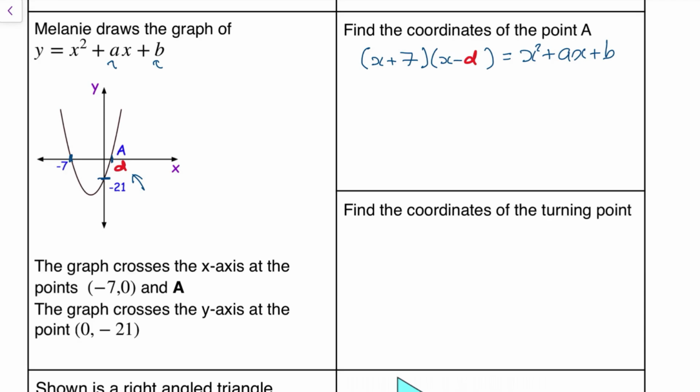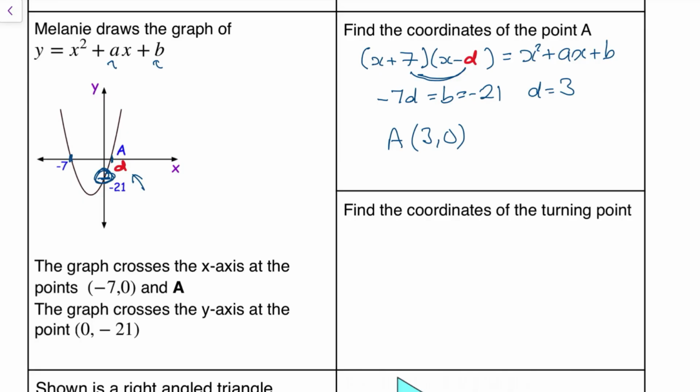Now imagine expanding this. If I expand just the numbers, that gives me minus 7D is equal to B. And I know B is the constant term, which is minus 21. So minus 7D equals minus 21, which means that D is equal to 3. That means that the point A is going to be (3, 0).